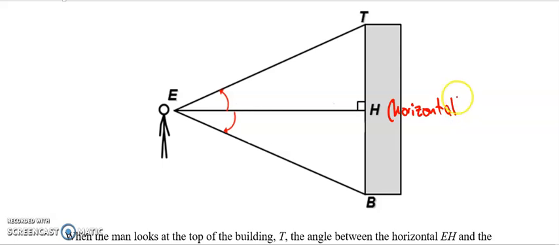So in the diagram, the angle from the horizontal upwards, we call it angle of elevation. And if a person is looking down, the angle formed between the horizontal and his line of sight is the angle of depression.